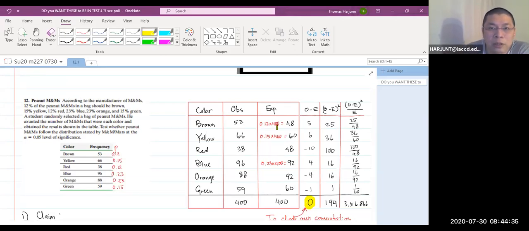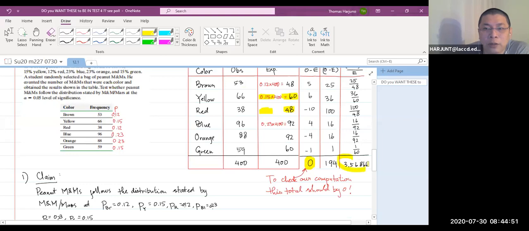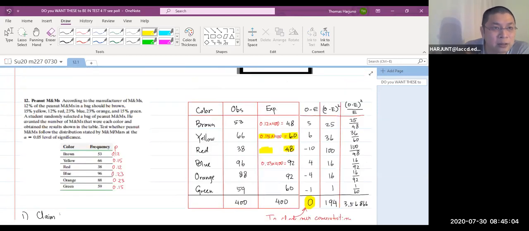If you increase this to 16% instead of 15%, and this guy here you make 11% instead, then the mean squared error, this chi-square test statistic, may be lower, right? But at least right now, we don't have enough evidence to suggest that it is not what I say.